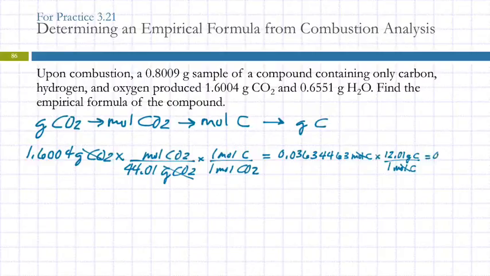And that gives me 0.4367, throw in a couple extras, grams of carbon. So I need the moles of carbon for one thing, and I need the grams of carbon for something else.